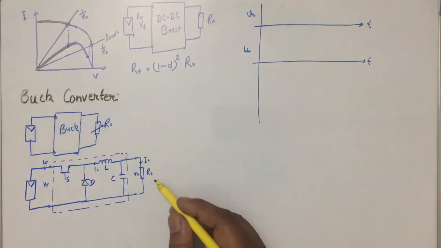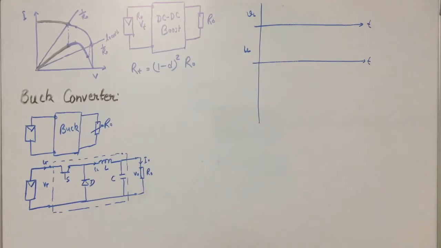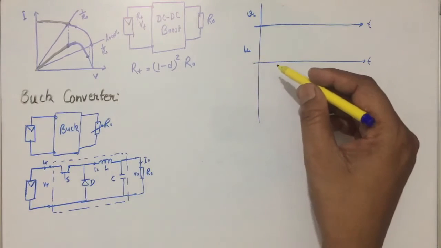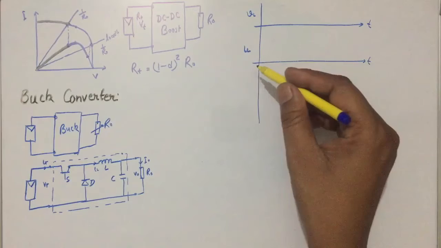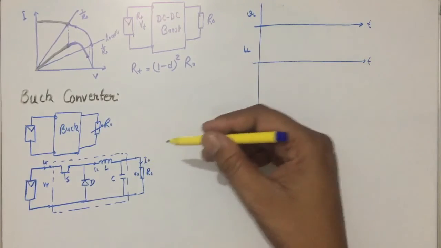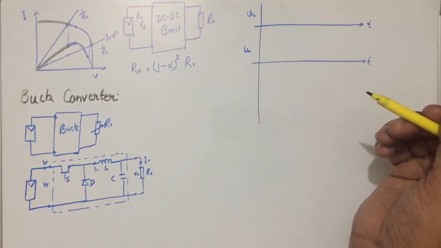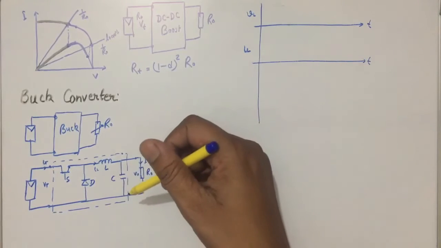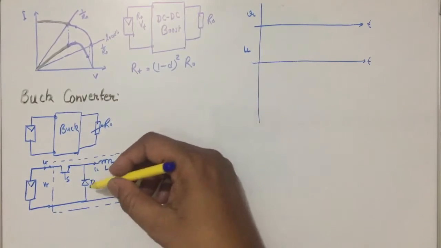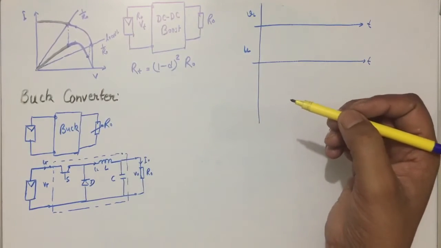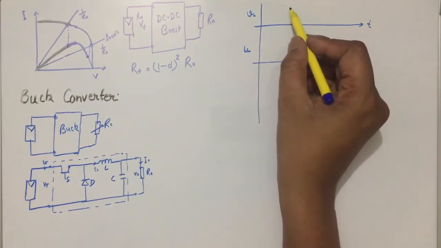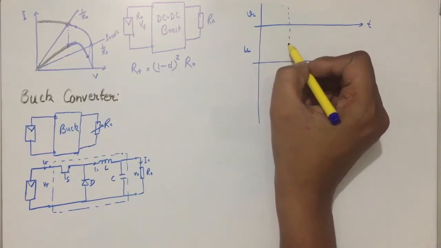If we wish to find the relationship between these two, for that purpose we will draw the characteristics of VL and IL. After that we will find the relationship so that we can relate input and output in terms of D. So let us mark the range of the operation.